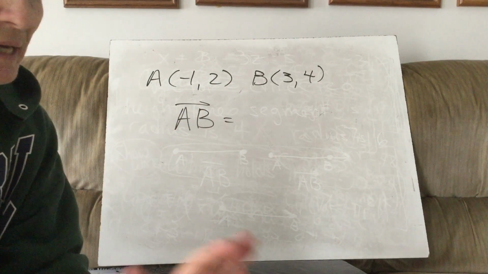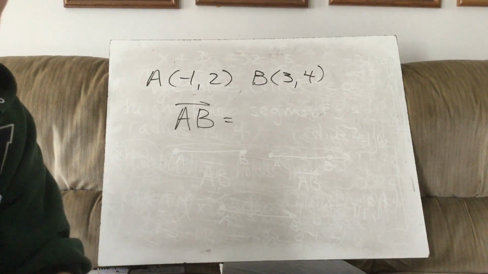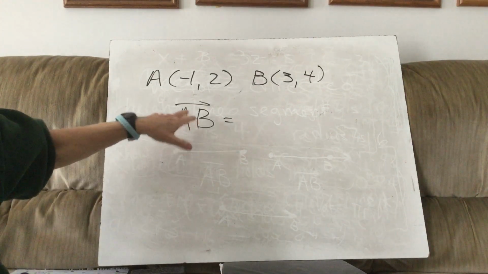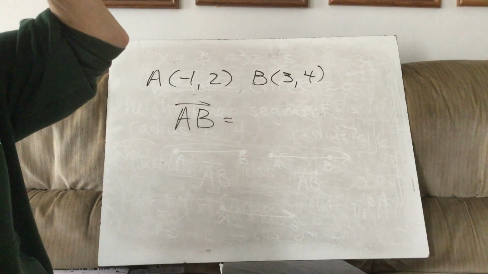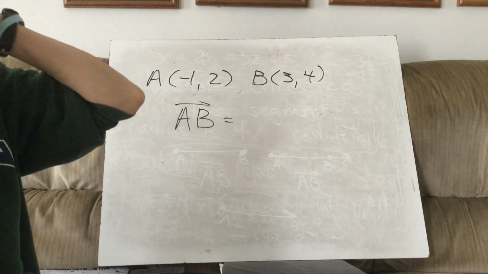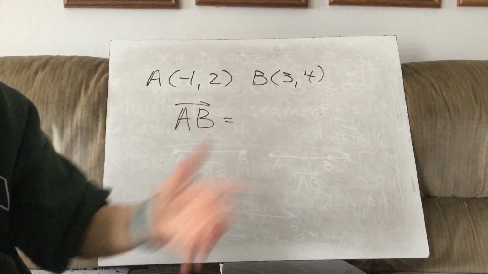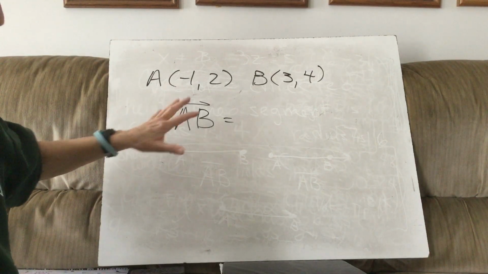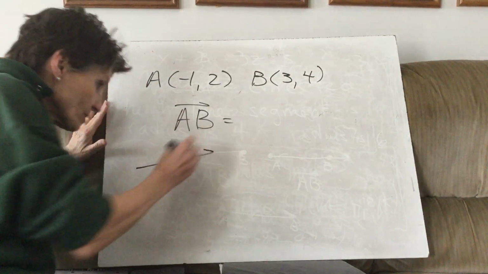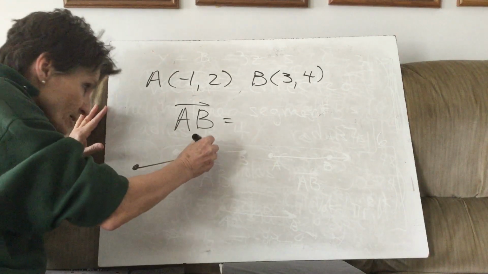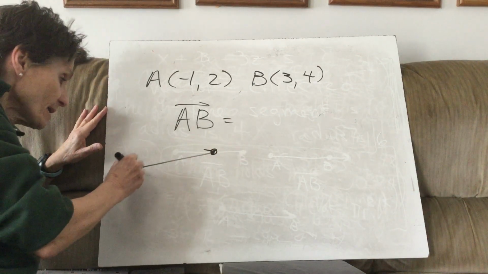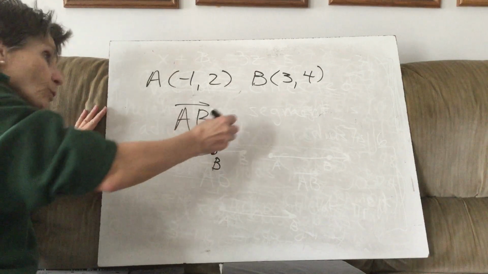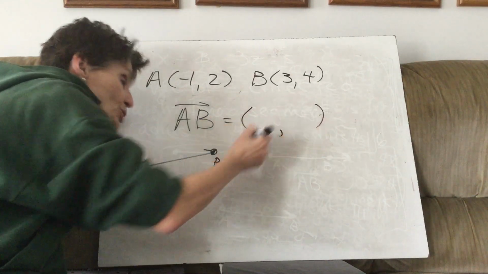I don't, because I'm trying to distinguish between a vector and a ray. If I put 2 arrows on there, to most of us, that would represent a ray, which means it goes on forever and ever. We're talking about the vector, the thing that looks like this. It starts here, stops here, starts at A, stops at B, and we're going to describe that motion.